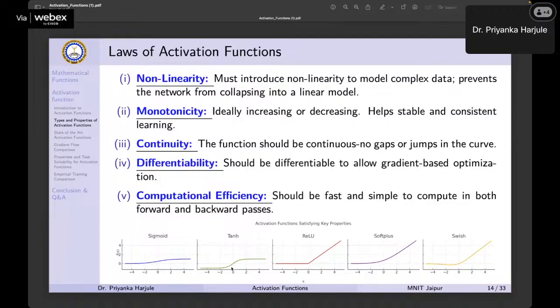So why are zero centered activation functions important from the point of view of deep neural network optimization? Because in backpropagation, gradients are computed using the chain rule, as we saw in the previous section. If activations are not centered around zero, the gradients tend to be all positive or all negative.